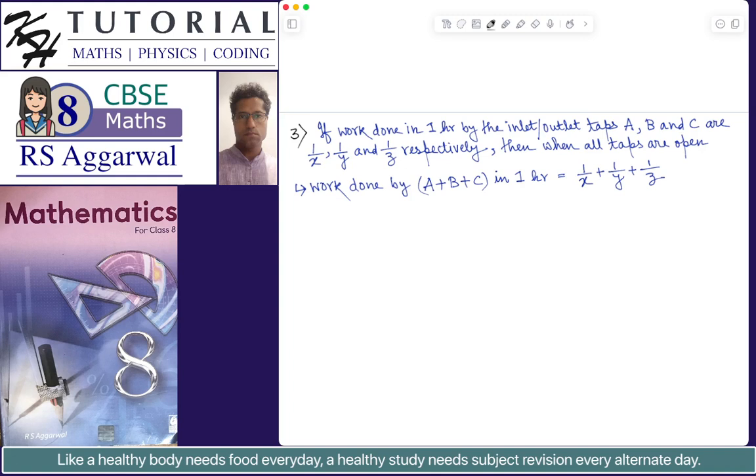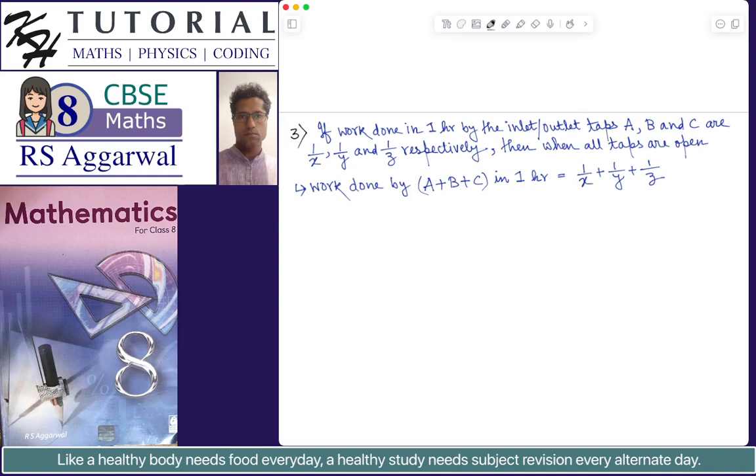So if we know the work done by these three taps A, B, and C in 1 hour, then when all the taps are working together, meaning all the taps are open, the work done by A plus B plus C in 1 hour will be equal to 1 by x plus 1 by y plus 1 by z.